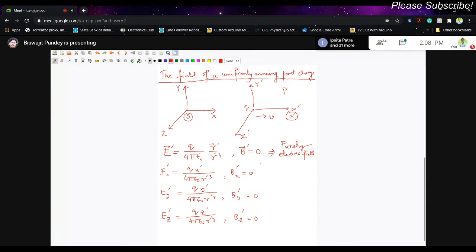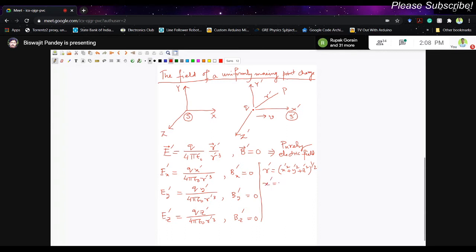So what will be the relationship between the components? When I write r prime, what is r prime actually? R prime is the square root of x prime square plus y prime square plus z prime square. R prime is the distance between this point charge and this point P. And if I want to write down the components separately, what is x prime?